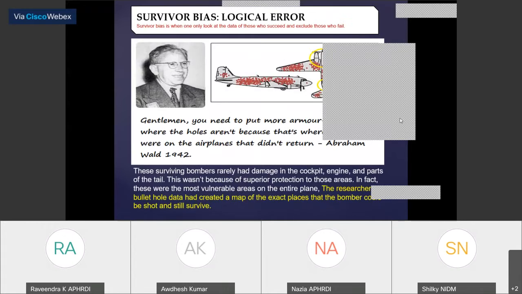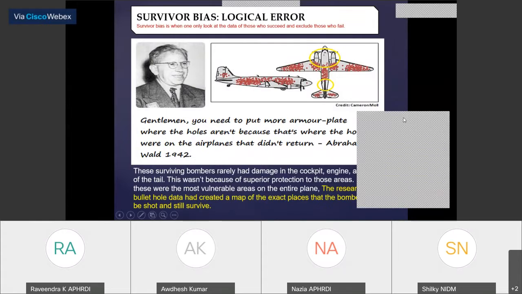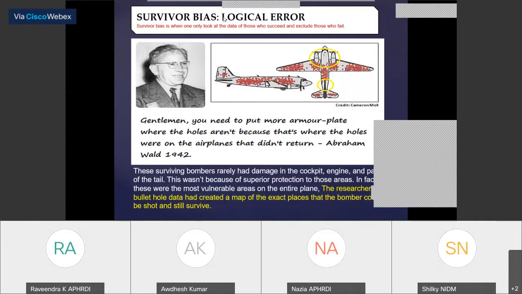How can we be wrong in our assessment? This is a very good example of that, and how they excellently corrected it. It is also something that we should learn in the field of disaster management. This man was Abraham Wald, 1942. He was a statistician. He found a logical error called survivor bias.